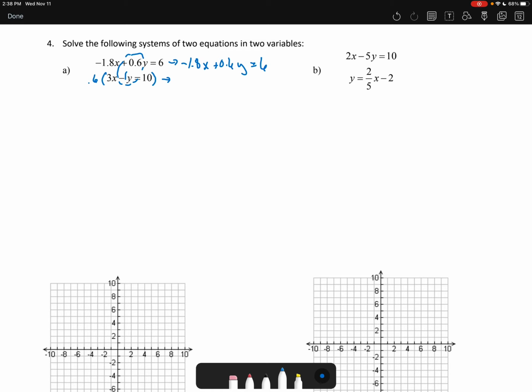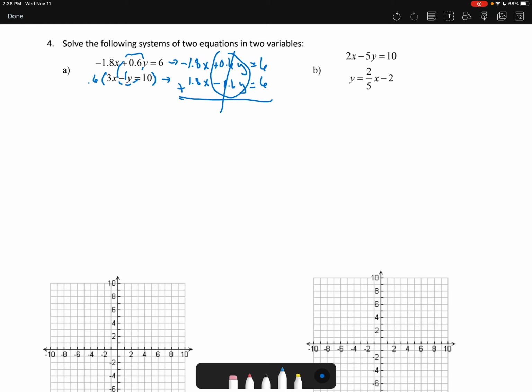Then what I get here, when I take 0.6 times 3x, I get 1.8x. I get negative 0.6y, and I get 6 here. So I did achieve my opposites here. I'm going to add those together, and those are going to cancel out.